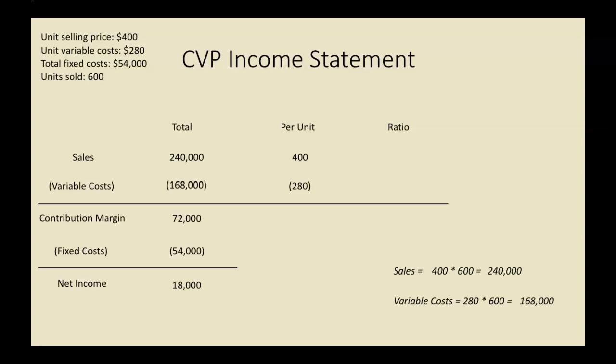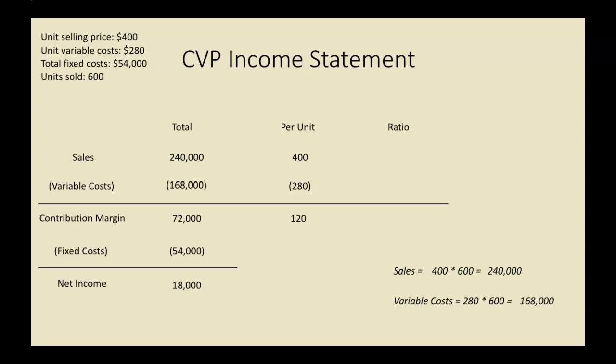So to find that unit contribution margin, we're going to take our unit selling price and subtract out the unit variable cost. So 400 minus 280, and we see that our unit contribution margin, or our contribution margin per unit, is 120.